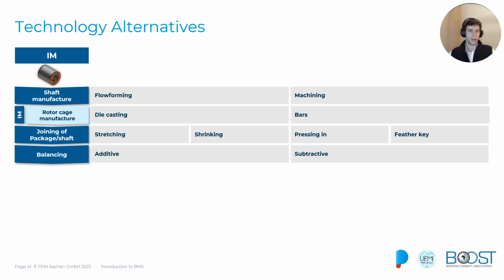After we cover this in detail, we take a look at the non-specific process steps: joining of the rotor package or stack and the shaft, and the possible balancing technologies.